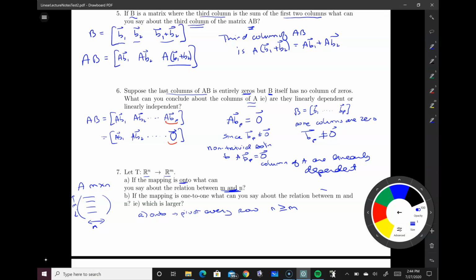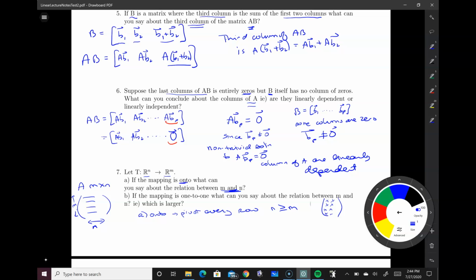Sorry, I was doing that wrong. If I have it this way, with lots of rows, if I have a 4 by 2, I can't possibly have a pivot in every row.